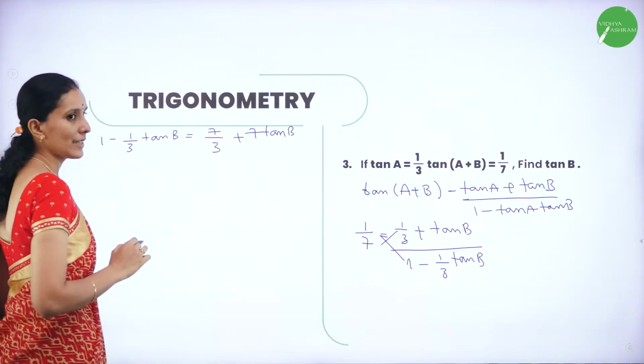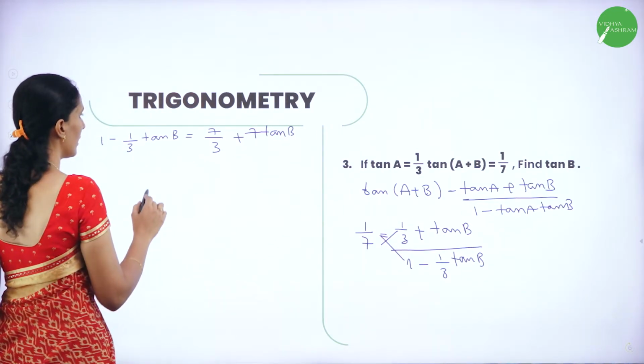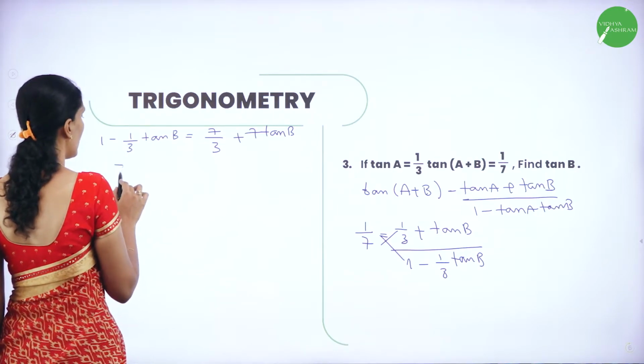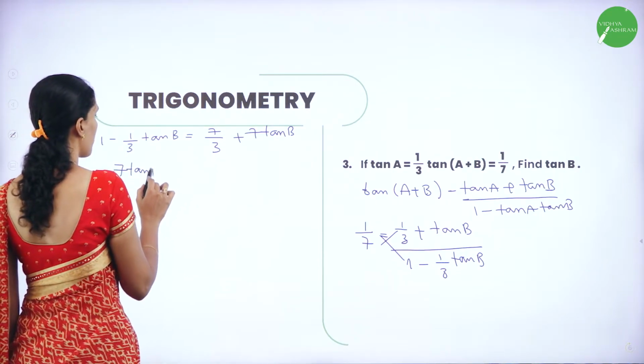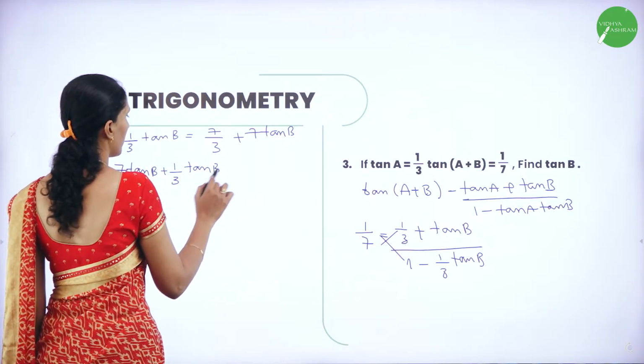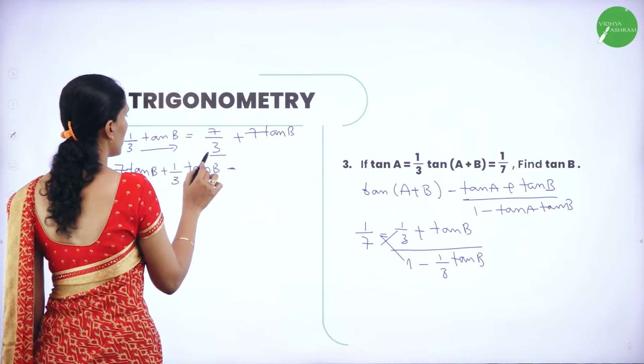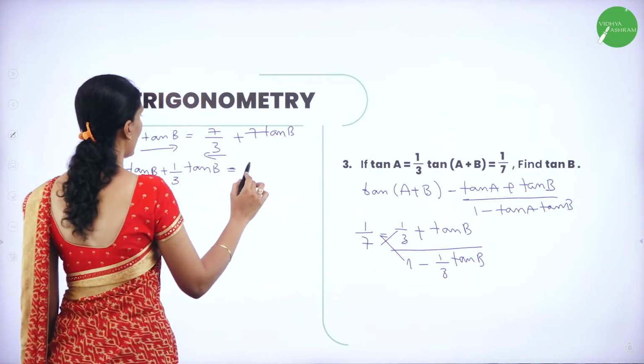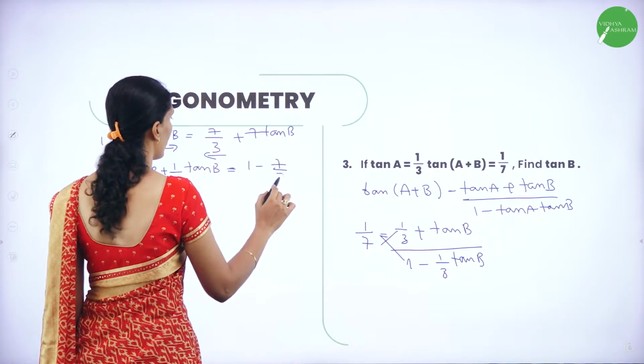So take the constants and tan function separately. Then it is 7 tan b plus 1 by 3 tan b is equal to, shifting this, 1 minus 7 by 3.